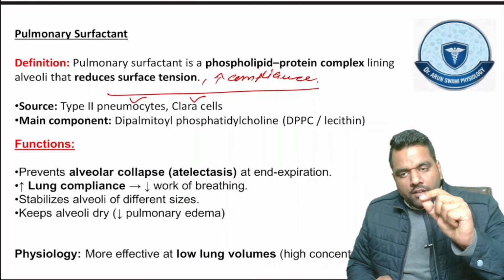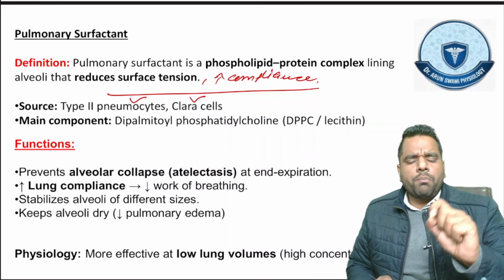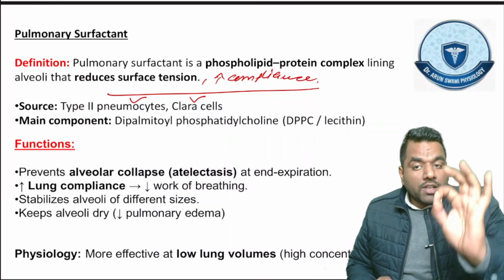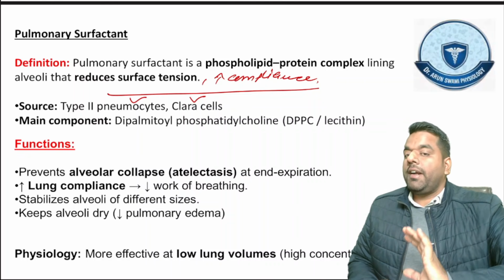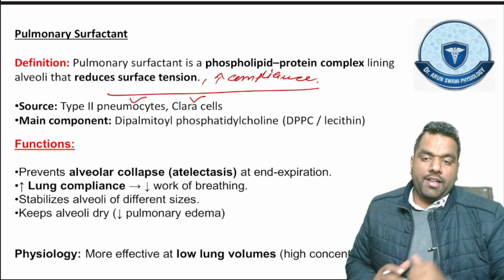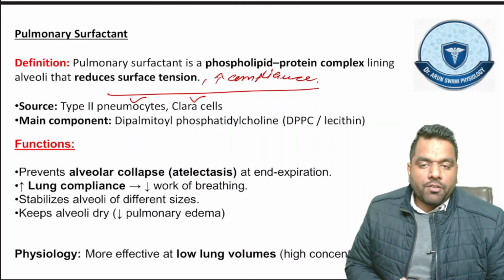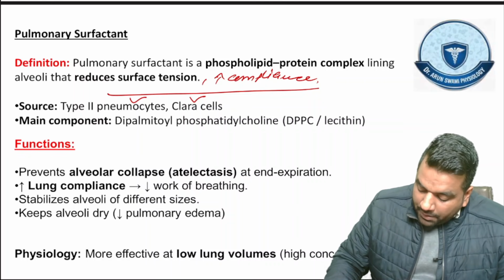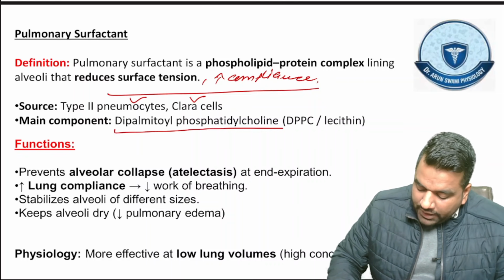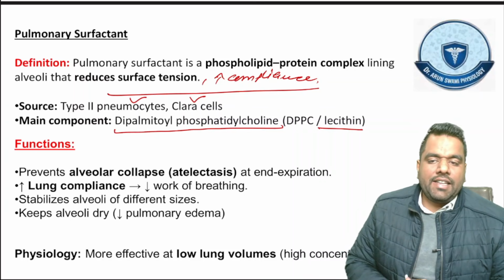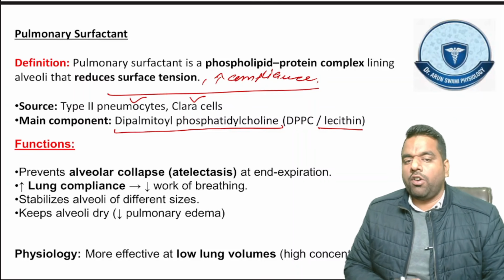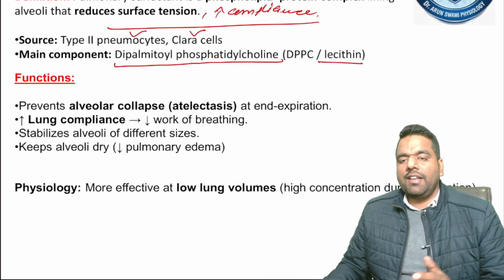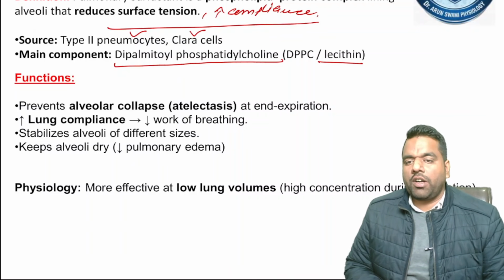If type 2 pneumocyte plus Clara cell. But if both are given separately, option A type 2 pneumocyte, option B Clara cell, then the better choice will be type 2 pneumocyte. The main component of this surfactant is dipalmitoyl phosphatidylcholine, also called lecithin. Its function is to prevent alveolar collapse at the end of expiration, increase the lung compliance, and decrease the work of breathing.